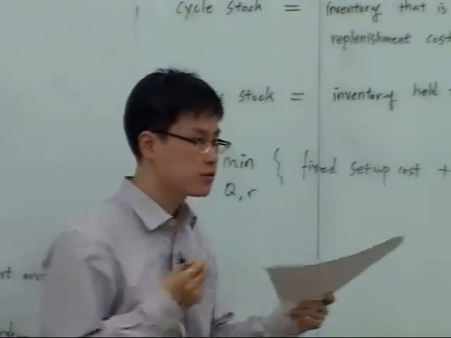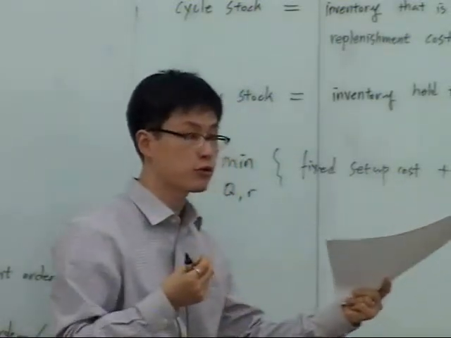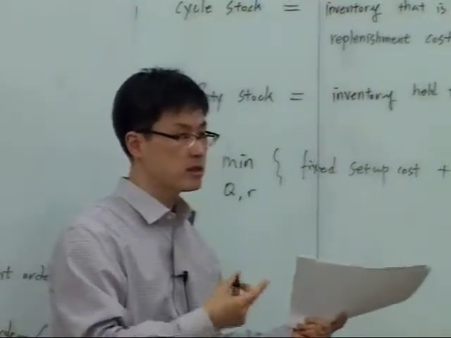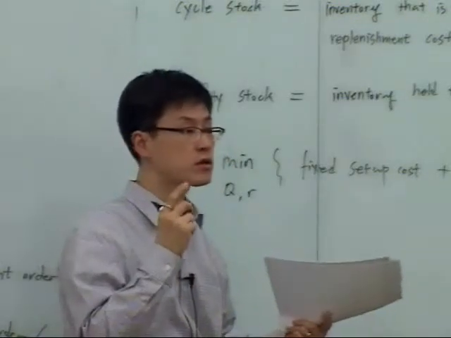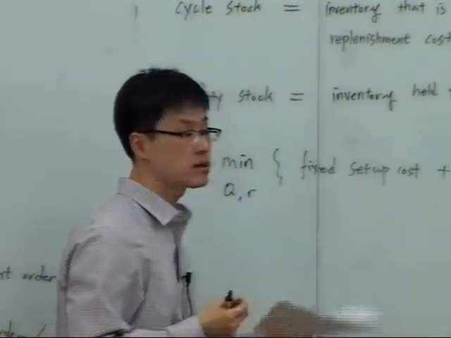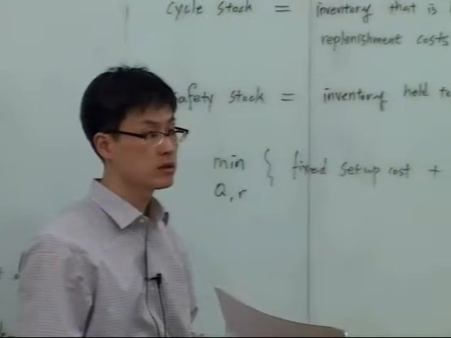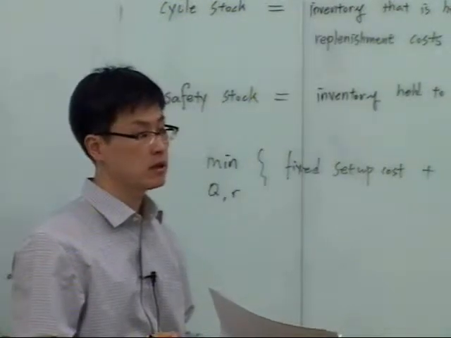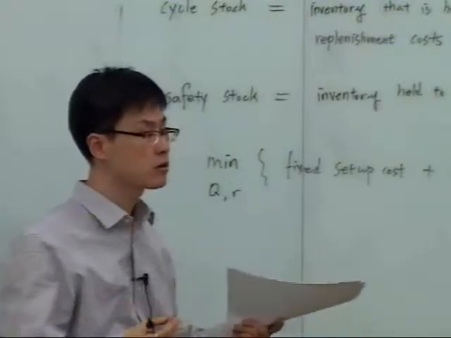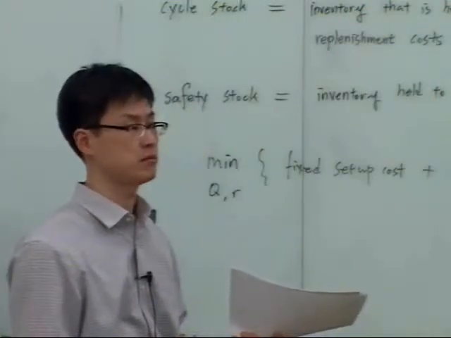By cleverly choosing Q, it's the same Q as in the EOQ model, how much to order at a time, and R is your reorder point, the same as in the base stock model. But in this QR model, you're now considering both at the same time.